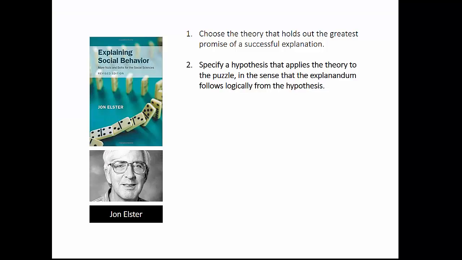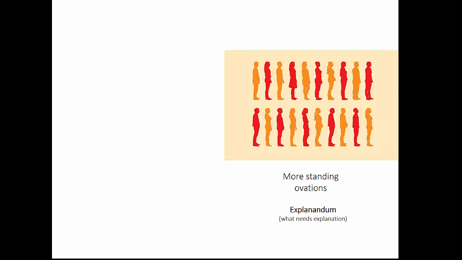Okay, so the next step that he outlines here is that we should specify a hypothesis that applies the theory to the puzzle that we have, in the sense that the explanandum follows logically from the hypothesis. Our explanandum here is more standing ovations. This is the thing that we want to explain.